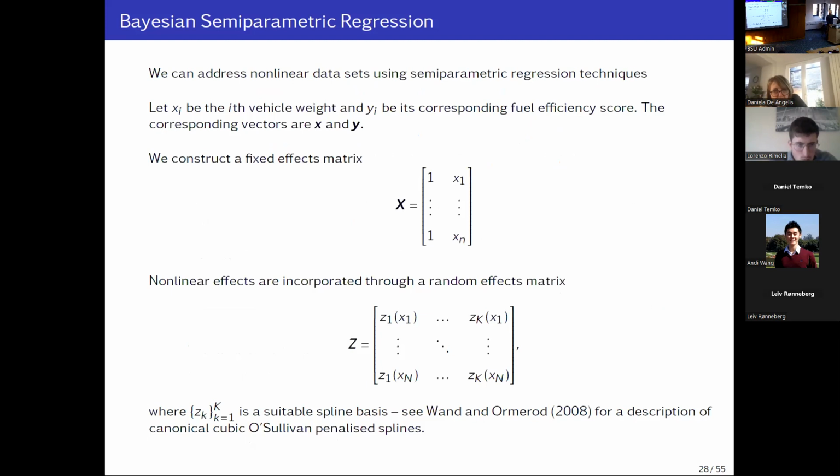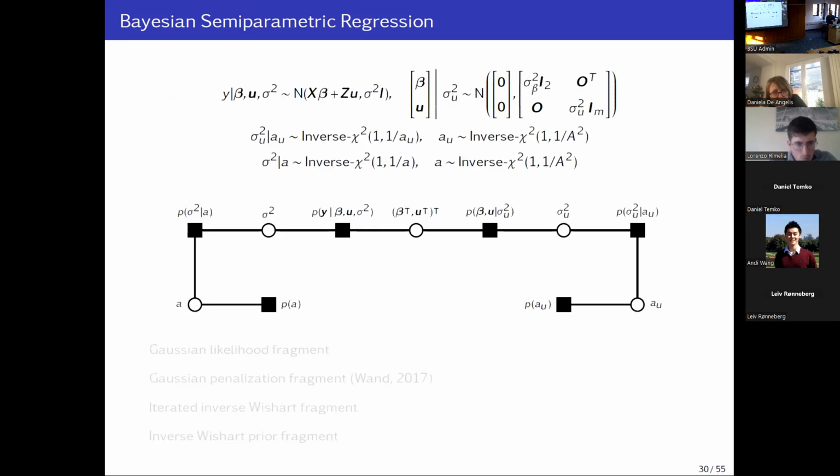Just to be clear, we're going to carry these X's and Z's around with us. Basically everything that we did to derive these updates is going to carry over directly into this semi-parametric regression model. So we don't have to do any work there. We just need to copy and paste our code when we're coding this up.